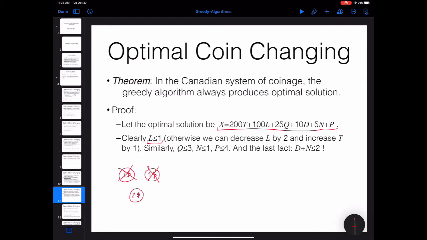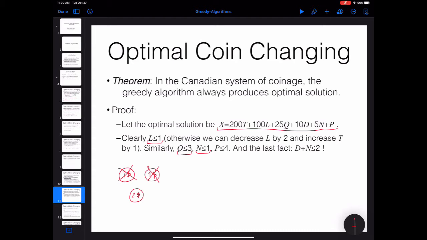I can draw some other facts as well, like the number of quarters is going to be less than 4, sorry. And again, the reason is that if you have 4 quarters, you can replace it with 1 loonie and use fewer coins. Another fact is that the number of nickels, the 5 cents coins, is going to be less than 2 again, because if you have 2 5 cents, you can use 1 10 cent instead, right?